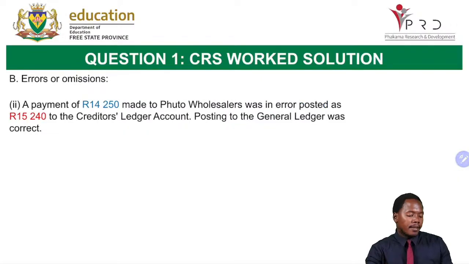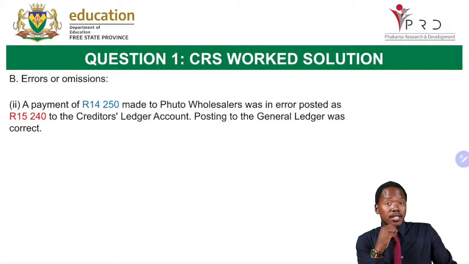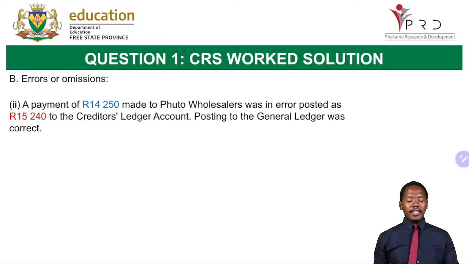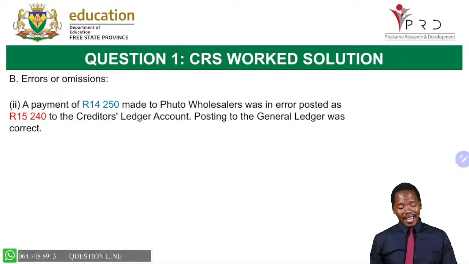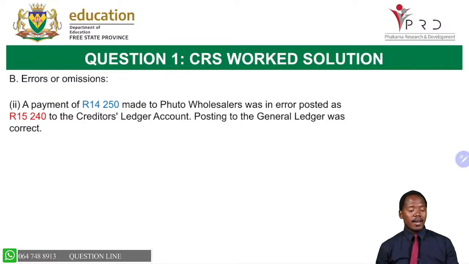Let's look at the next one. A payment of 14,250 made to Puto wholesalers was in error posted as 15,240 to the creditor's ledger account. Posting to the ledger was correct. Okay, we are faced with two figures here.